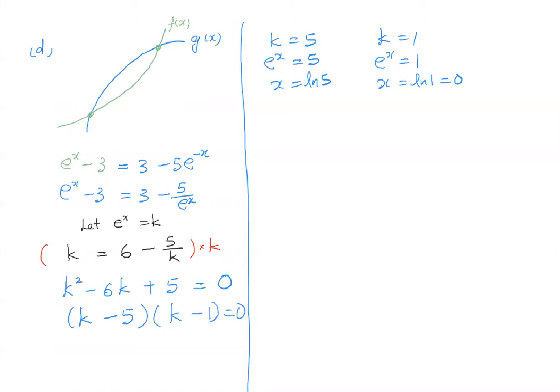So when x equal to ln 5, we want to find the y. So f of ln 5. So we know that e to the power x is equal to 5, correct? So 5 minus 3 equal to 2. So this is the intersection point, ln 5, 2. And this is the other intersection point.